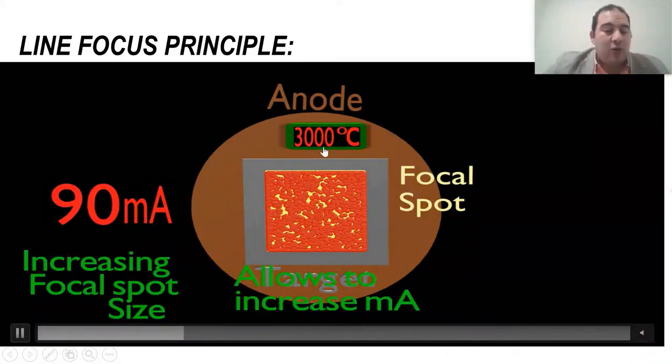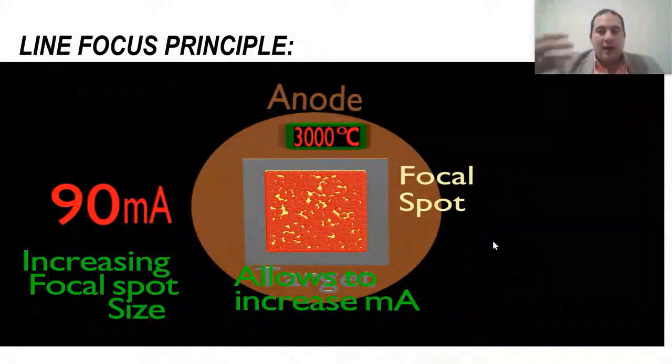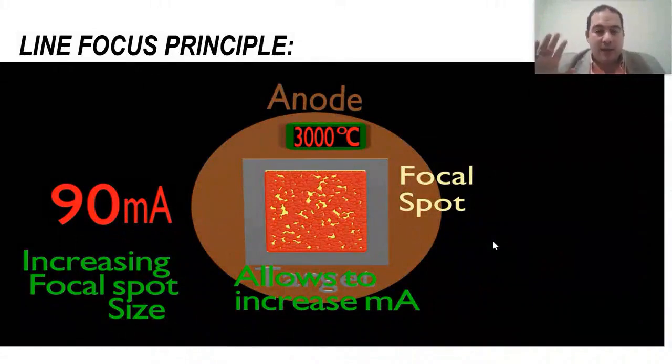Therefore, the larger the actual focal spot, the better. I want this concept to be in your mind. If the actual focal spot is larger, then I can increase my tube rating or my heat capacity. Thus, my anode can withstand high temperature or high milliampere parameters, right, doctors?